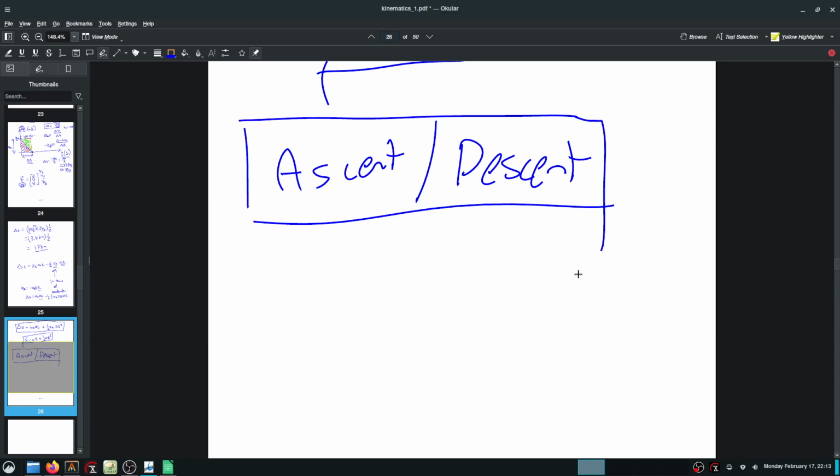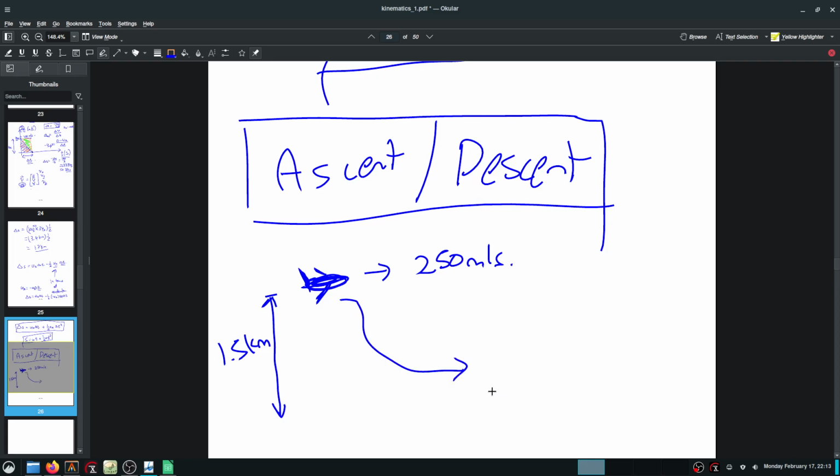Under descent conditions, this is probably one of the most dangerous parts of flying. It is how to descend. That means you're flying at some height, maybe 1.5 kilometers in the sky, going forward at a speed of maybe 250 meters per second. How do you land this plane safely on the runway without crashing?